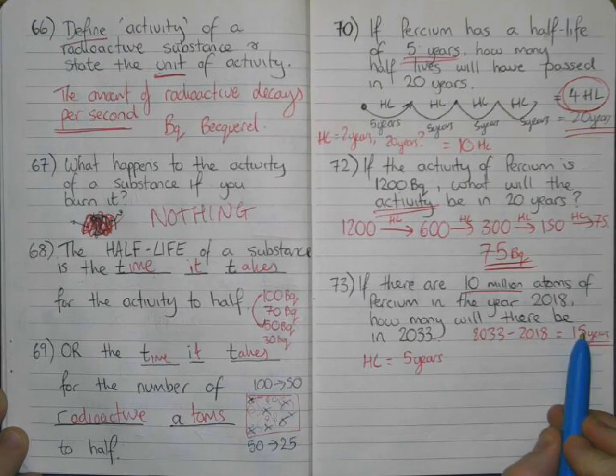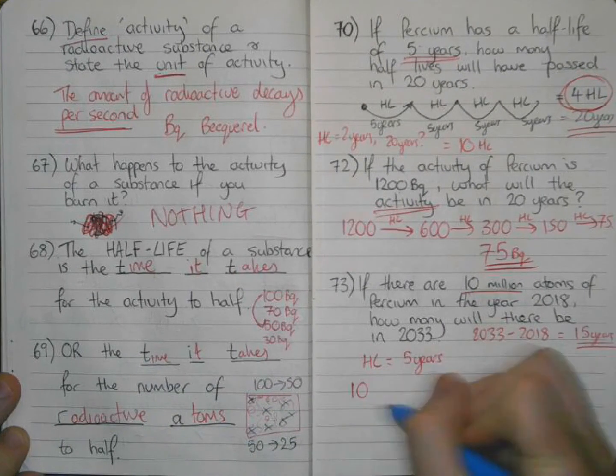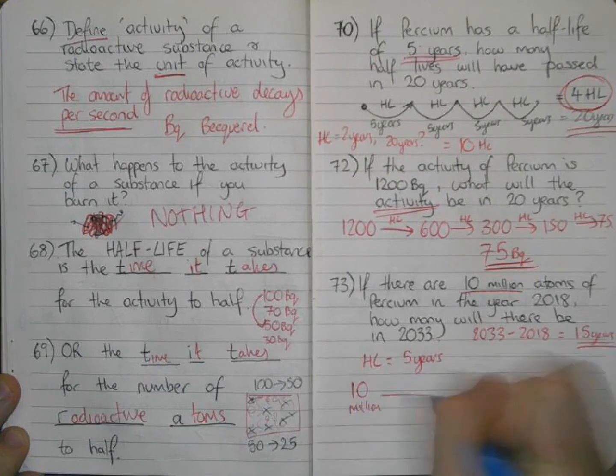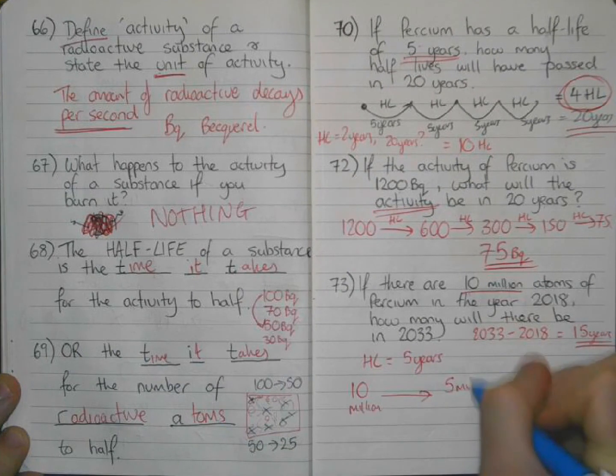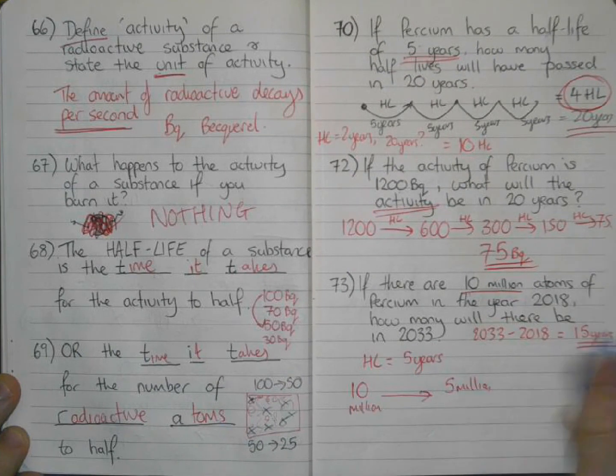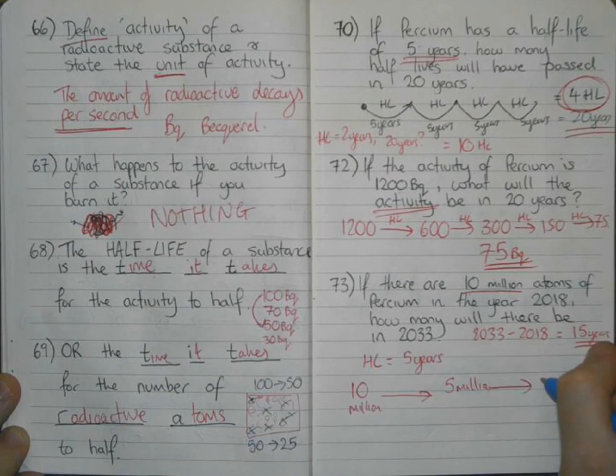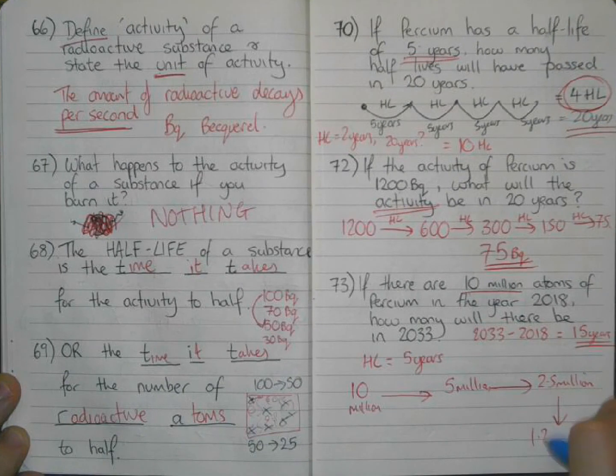So that's 3 half-lives. So we start with 10 million. 1 half-life takes us down to 5 million. 2 half-lives takes us down to 2.5 million. And 3 half-lives takes us down to 1.25 million.